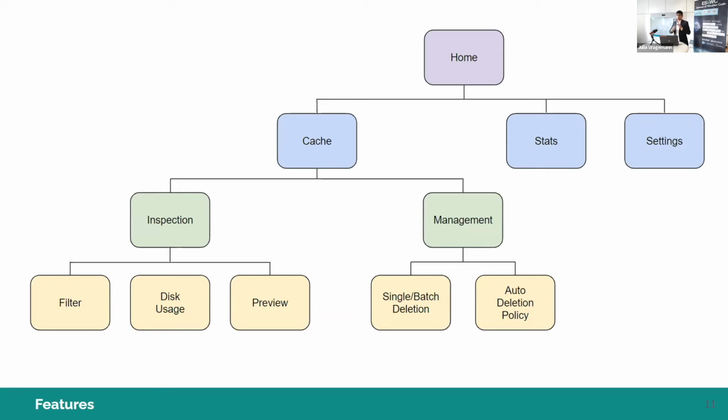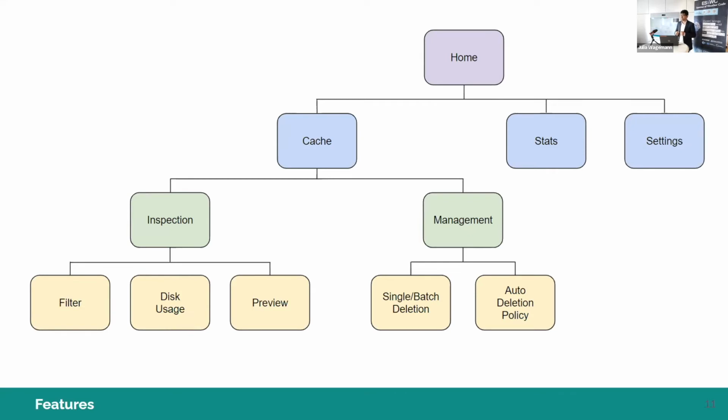All right, so we had to come up with the features that we wanted a user to have. In this first iteration, we focused on the 3 major verticals that you see in blue: the cache, the stats page, and the settings page. I'm going to start with the settings page.